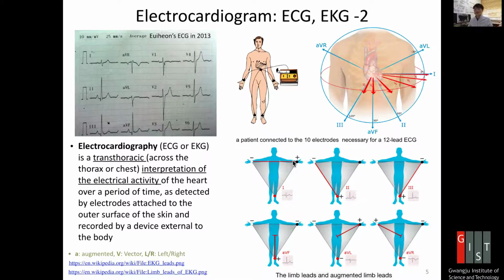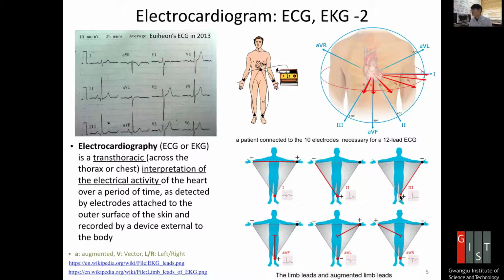Let's name it I. Then the other is to subtract the right arm from the foot, and we can create this vector. Likewise, the foot subtracted by the left arm creates this vector.